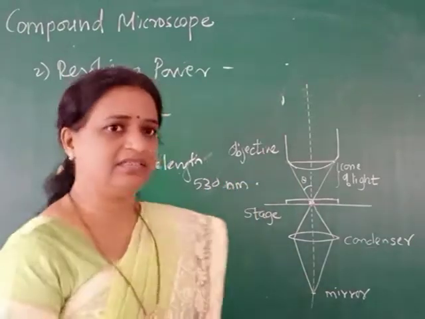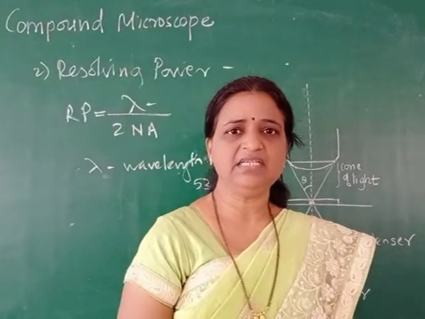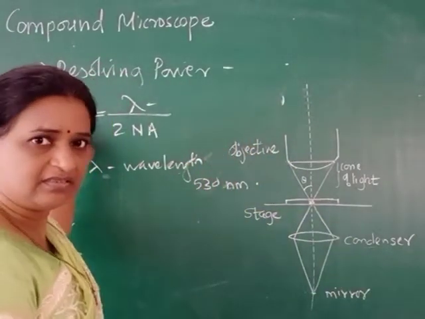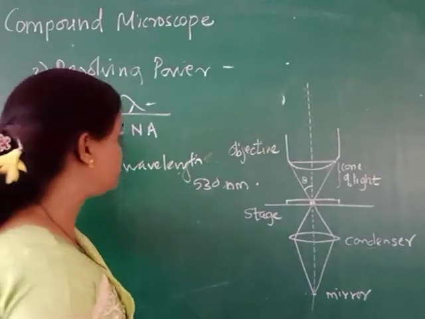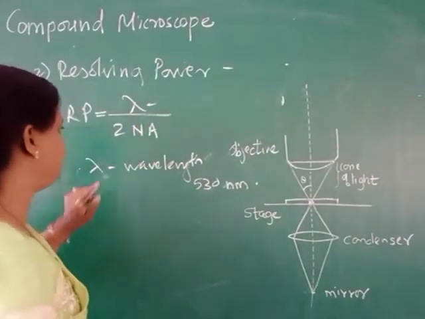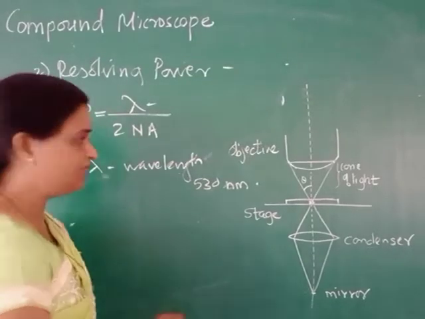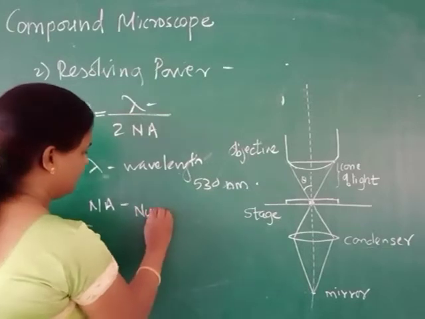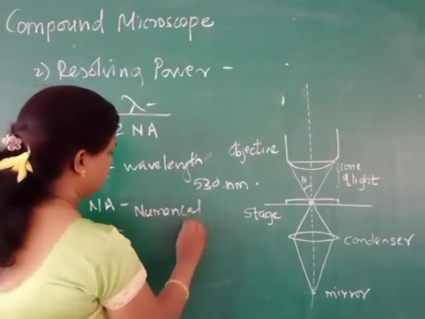Our attempt is to get a low value of resolving power. Now NA is the numerical aperture.